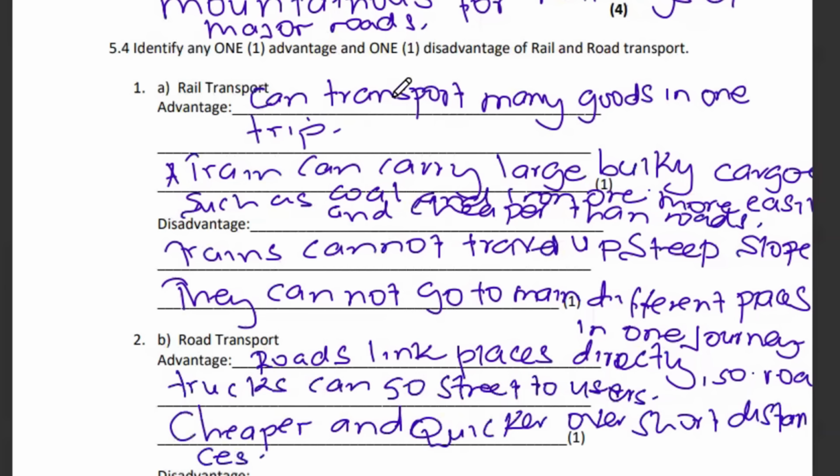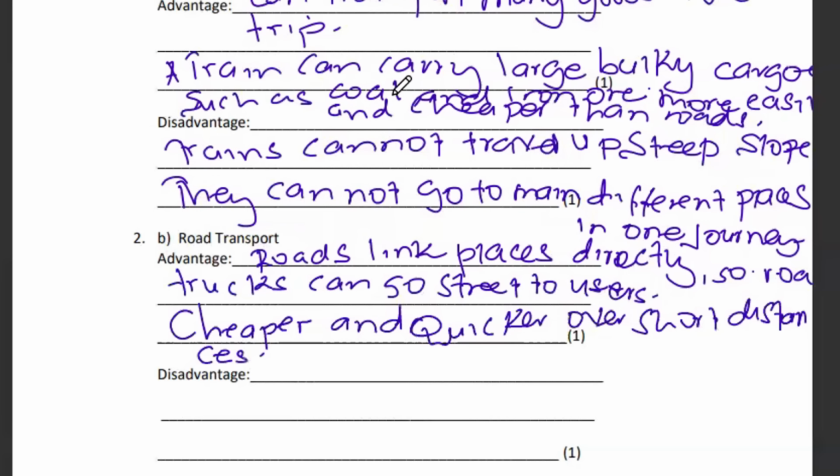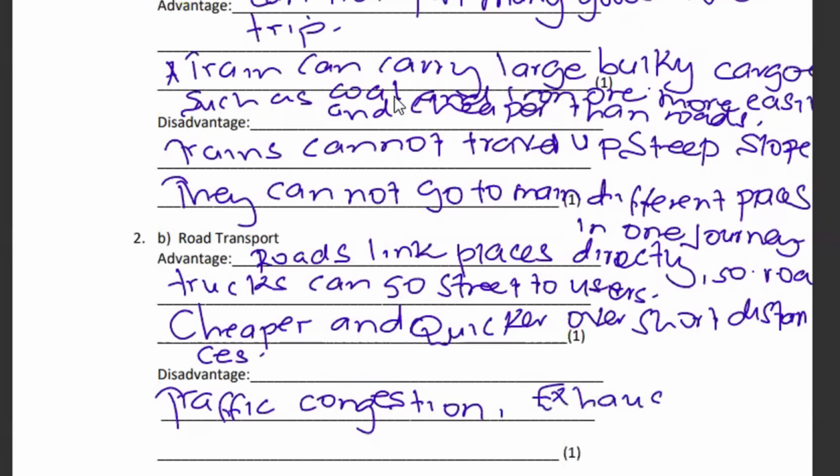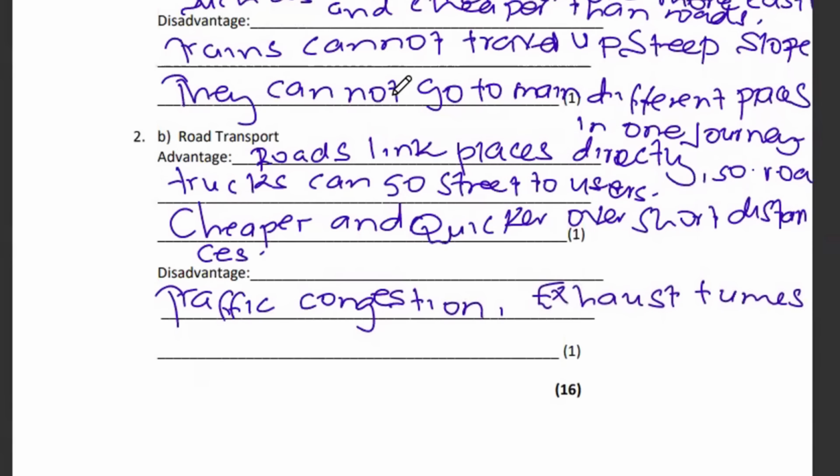Then the disadvantages of using road transport over rail: you can talk about traffic congestion, exhaust fumes, and that there are more road accidents than rail.